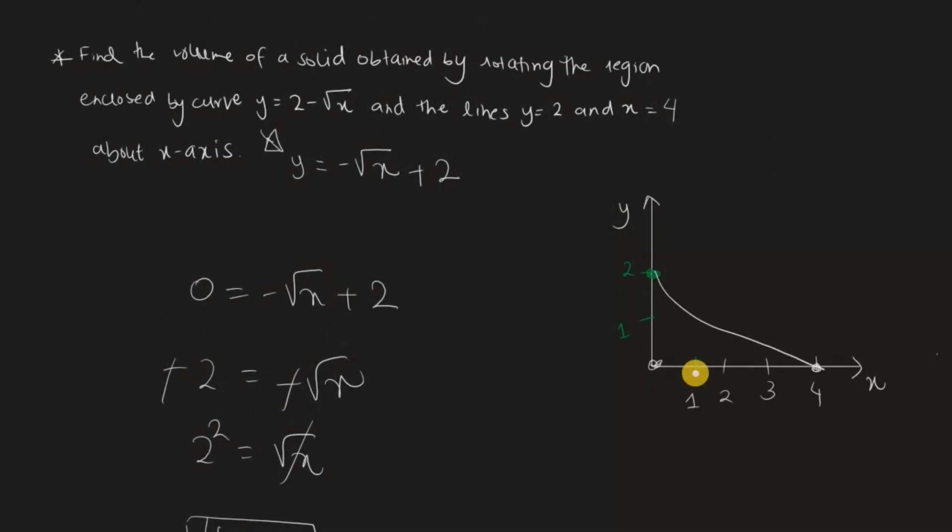Okay, so next we have y equals 2. y equals 2 would simply be a horizontal line at 2. And next we have x equals 4, which is simply going to be a vertical line at 4. So this is your curve, and this is your region then.